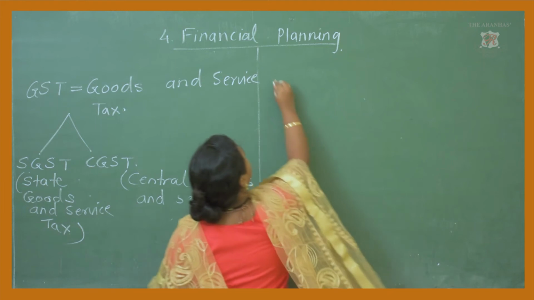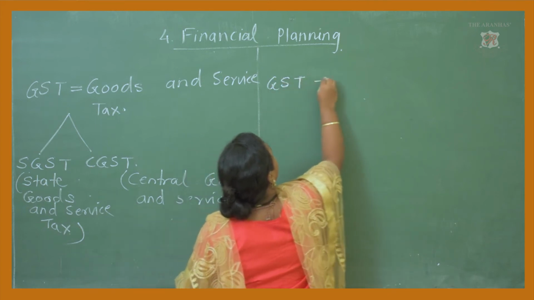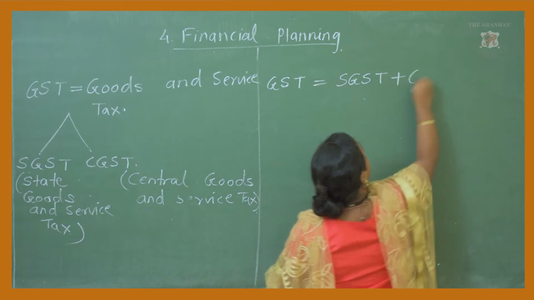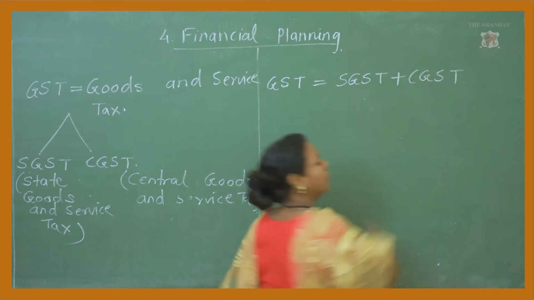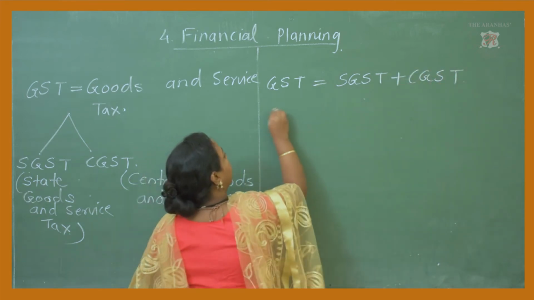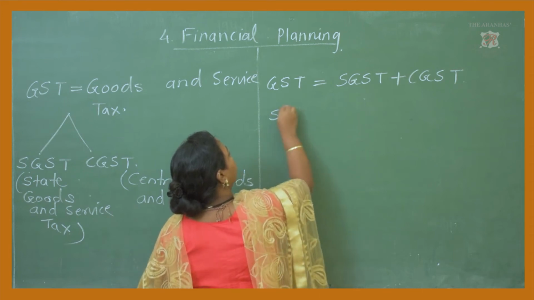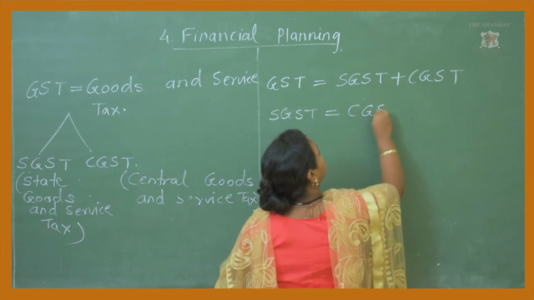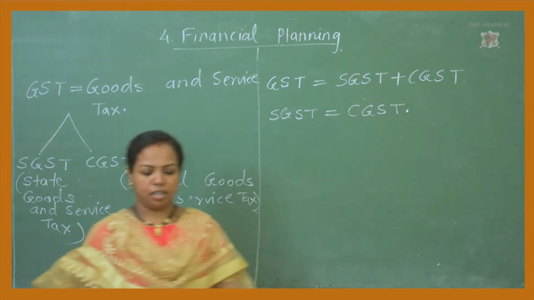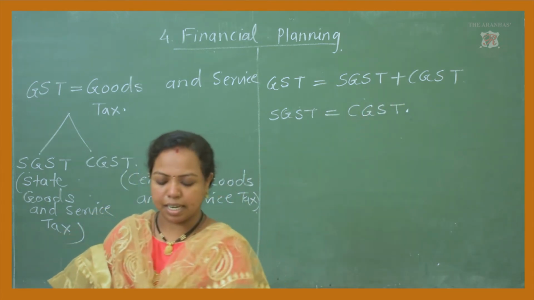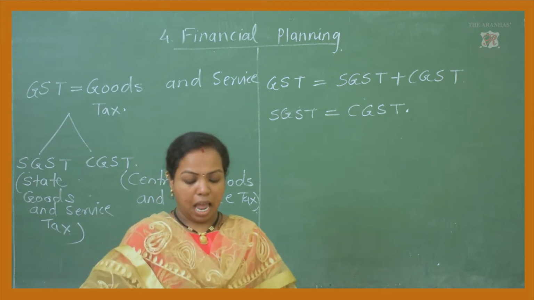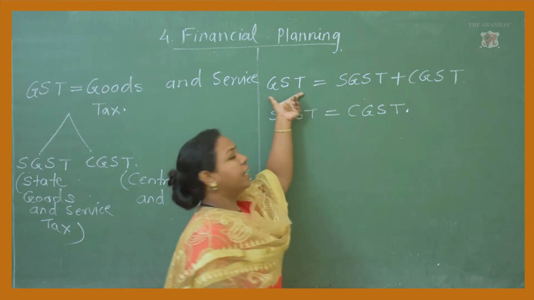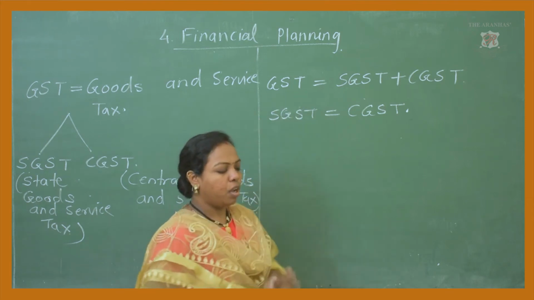So the relation is: GST is SGST plus CGST, and SGST is always equal to CGST. So the rates of CGST and SGST are equal, and when we add these two rates, we get the GST amount.